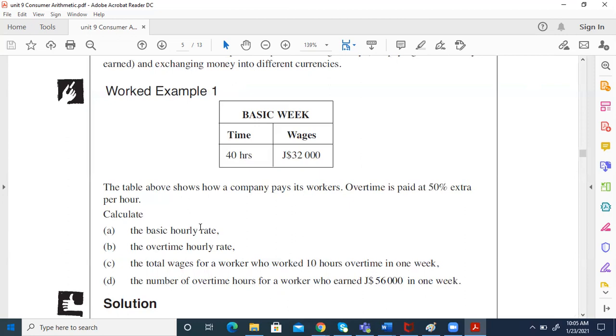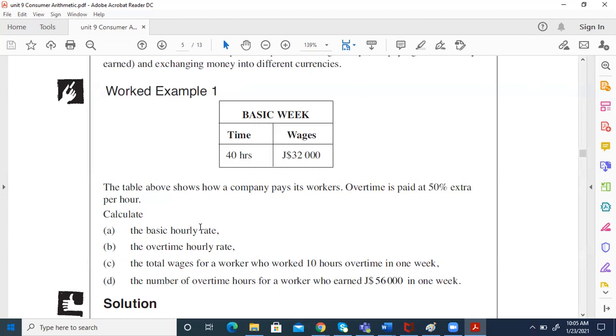The 50% would have been $400, so the total is $1,200 per hour.